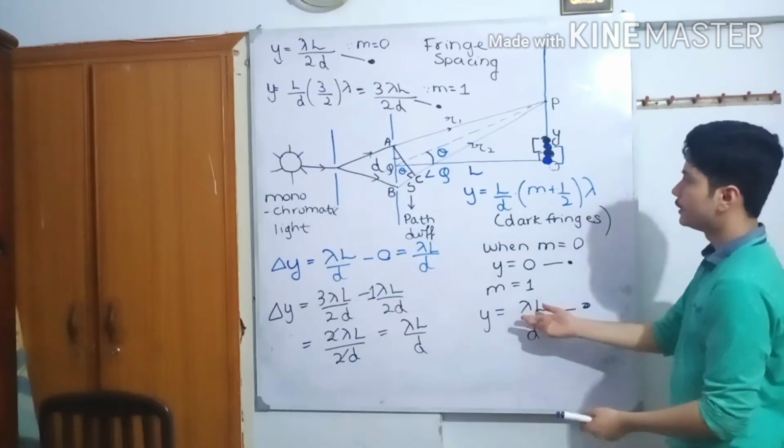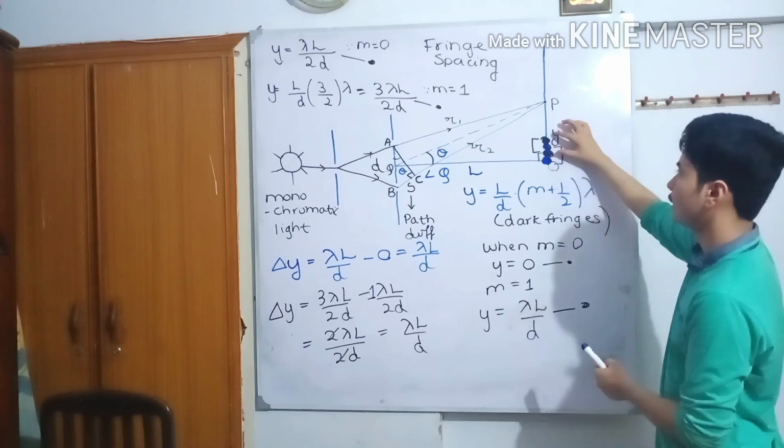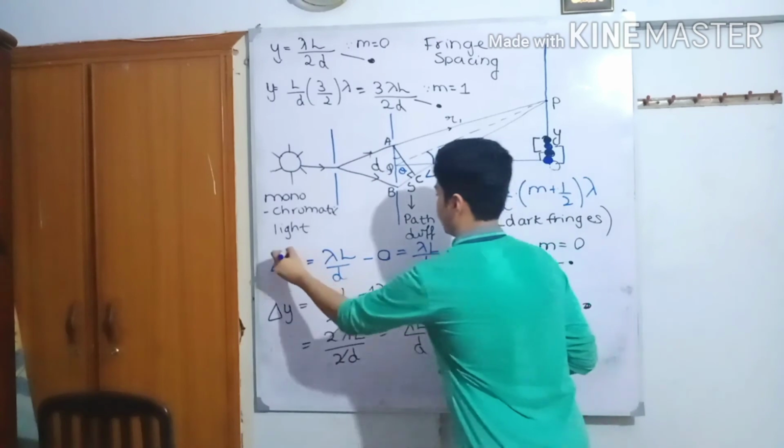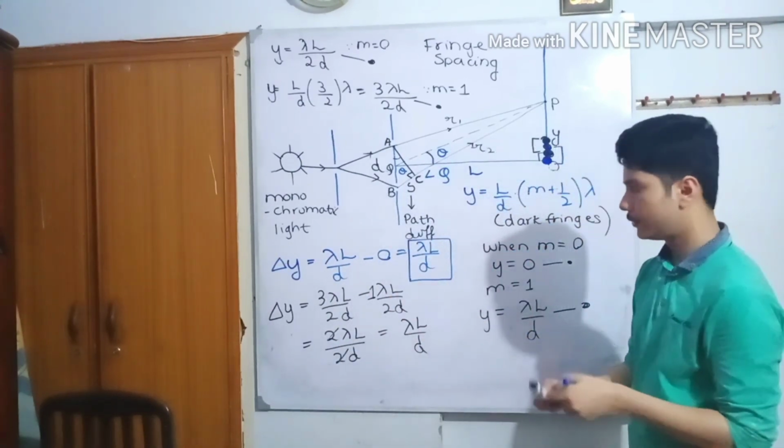The fringe spacing is the distance between two consecutive bright or two consecutive dark fringes.